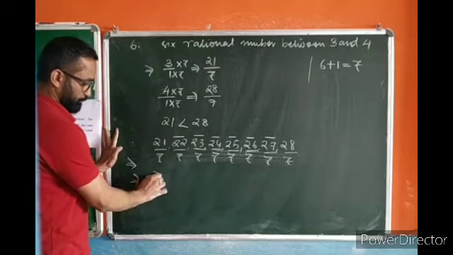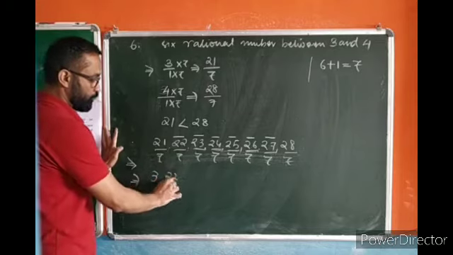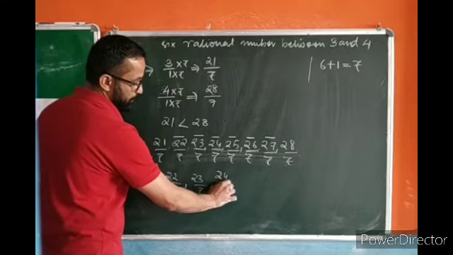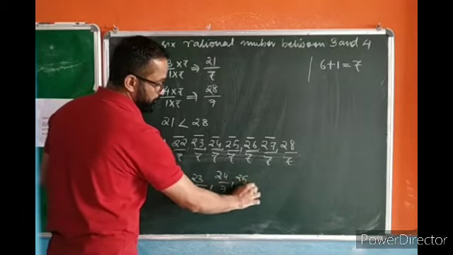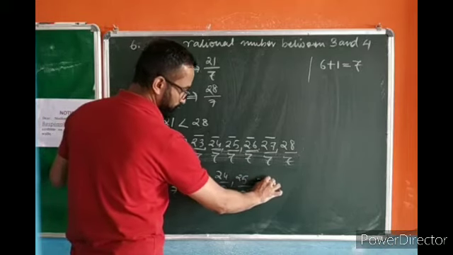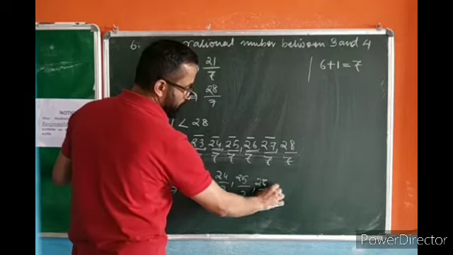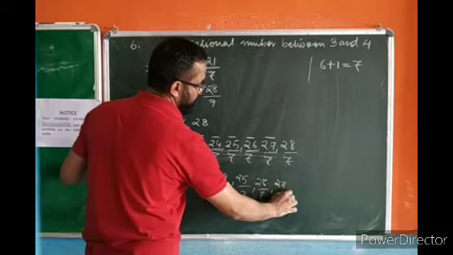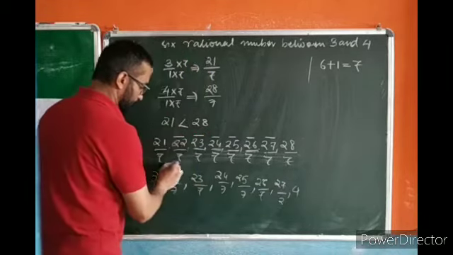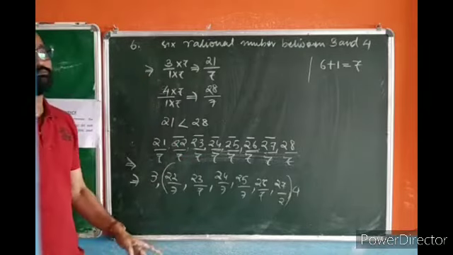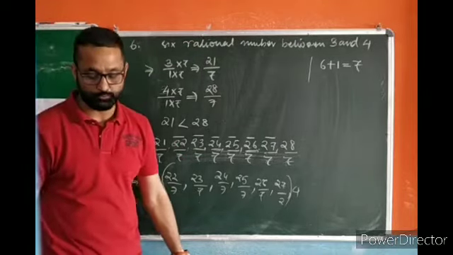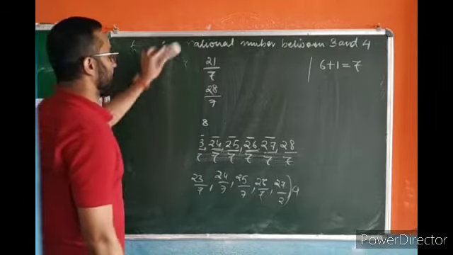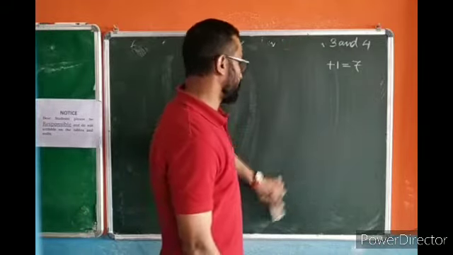First one we get 3, then 22 by 7, not divisible, 23 by 7, 24 by 7, 25 by 7, 26 by 7, 27 by 7, and the last one is 4. These are 6 rational numbers we have inserted between 3 and 4. Similarly, you can insert 7 numbers, 8 numbers, 9 numbers, and so on.